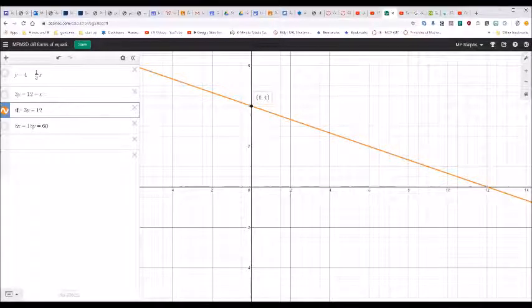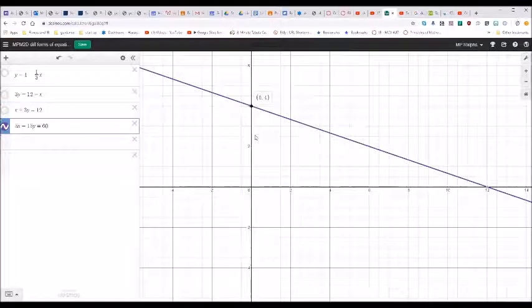Then, just for fun, if I take x plus 3y equals 12 and multiply everything by 5, I would get 5x plus 15y equals 60. As I turn on equation number 4, we see it's exactly the same line one more time.